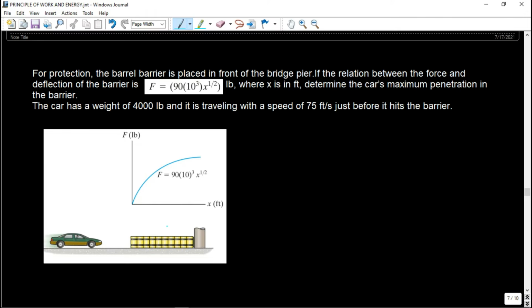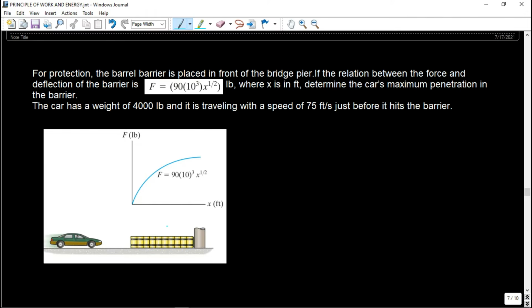So, determine the car's maximum penetration in the barrier. The car has a weight of 4,000 pounds and it is traveling with a speed of 75 feet per second just before it hits the barrier. Okay, so dito ang hinahanap natin. So, analyze natin yung problem, guys.